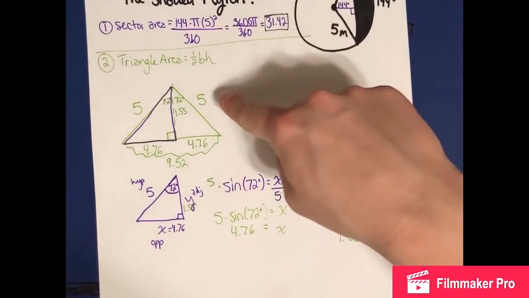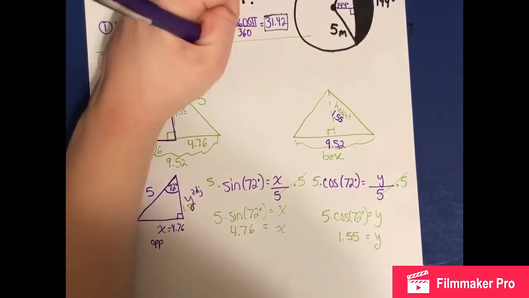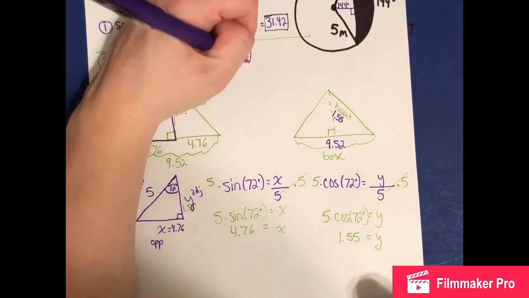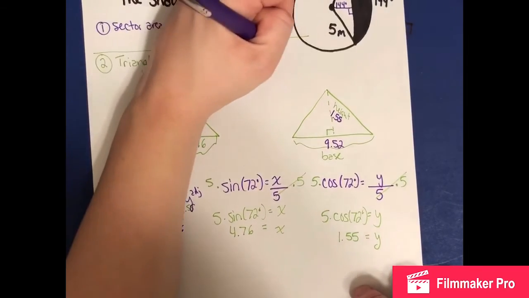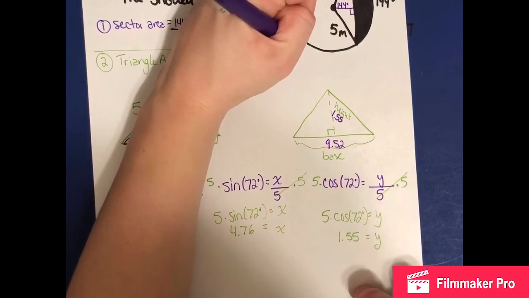Now I can just finish off the triangle area by plugging it in. 1/2. The base is 9.52. The height is 1.55. Equals 7.378.